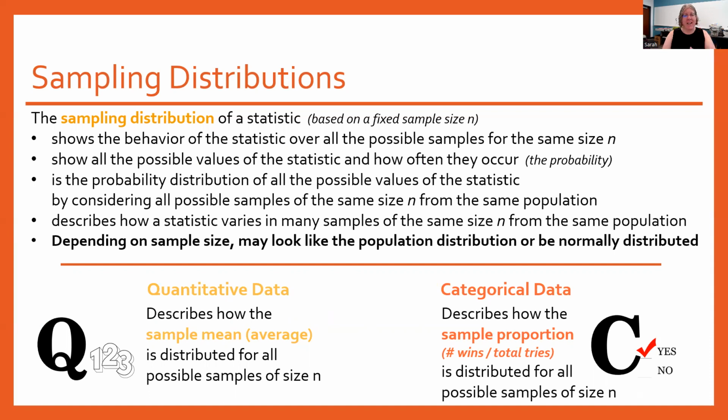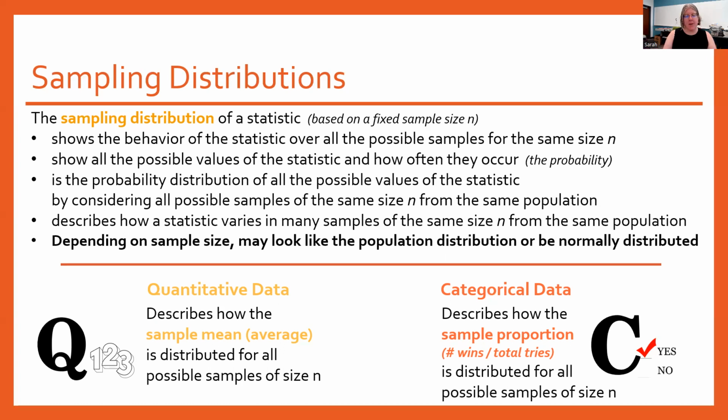That height, again, is a probability or how often they occur, just like it was when we were looking at that normal distribution. So this sampling distribution is also a probability distribution, the probability distribution of all the possible values of the statistic by considering all possible samples of the same size n from that population. This describes how a statistic varies in many samples of the same size n from the same population.